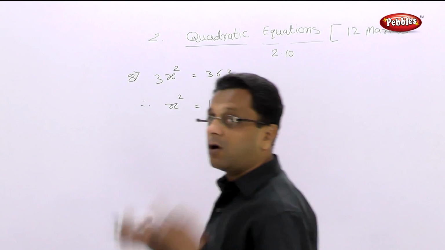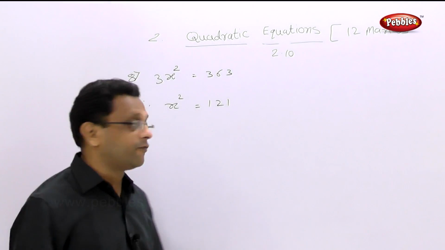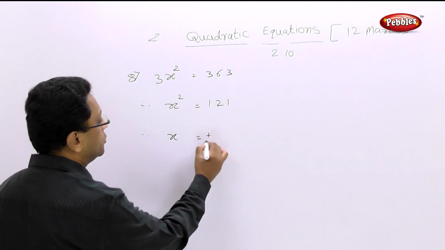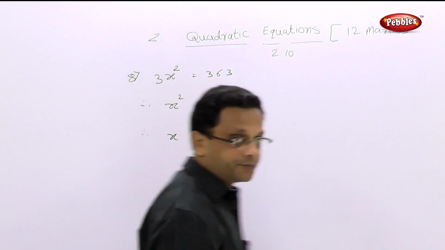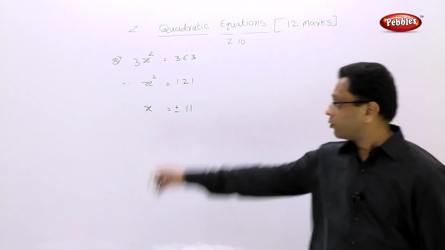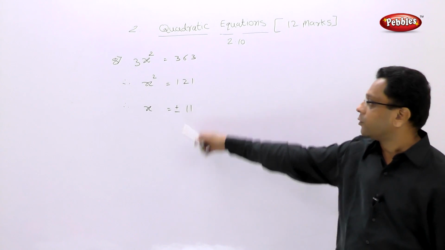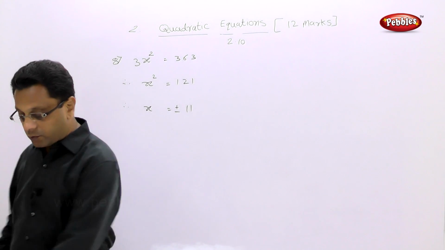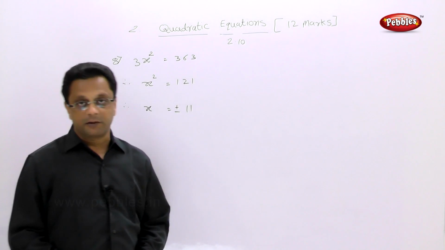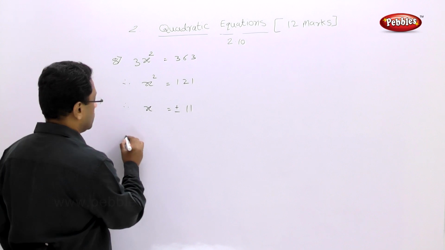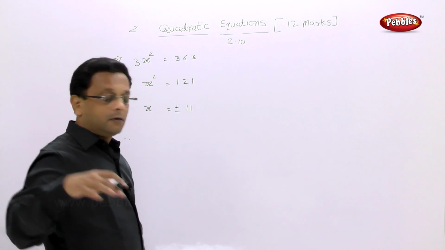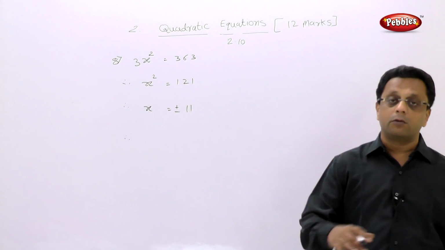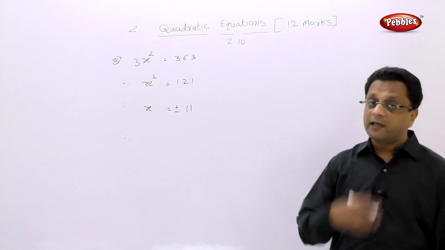You don't have to solve the quadratic equation in any way to find the answer. You have to just take the square root of both sides. So you will get plus minus 11 as the square root of 121. Of course, when it's a natural number, minus 11 is not permissible. Whenever you want to say that minus 11 is not permissible, you have to state why it is not permissible.